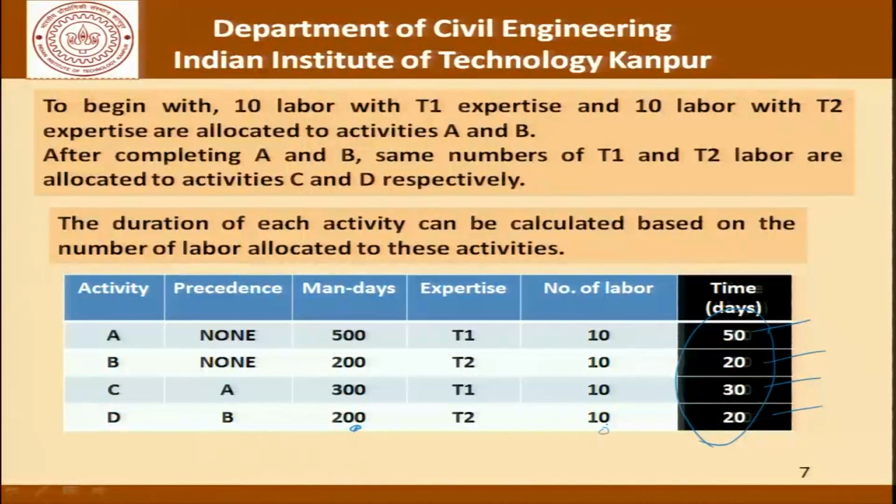What this assumes is that the labor supply, whether it is T1 or T2, is constant over the entire duration of the project.